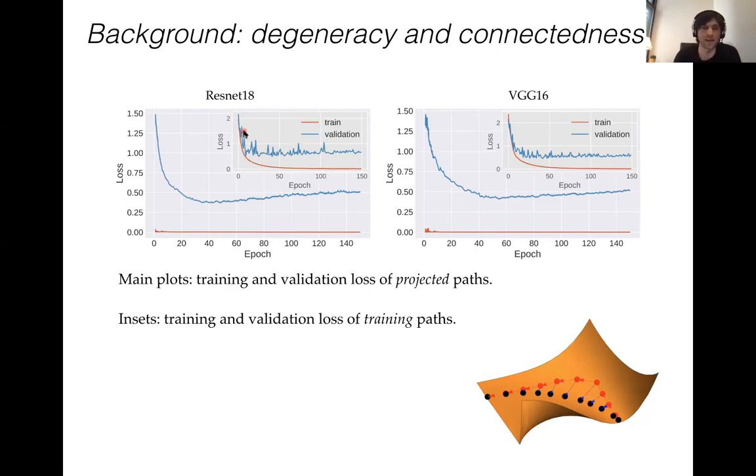And so the standard training curves are in the insets here for two different kinds of models. And what you find is that the training performance gets better as you train more and more. The loss on held out data sort of saturates at some point.